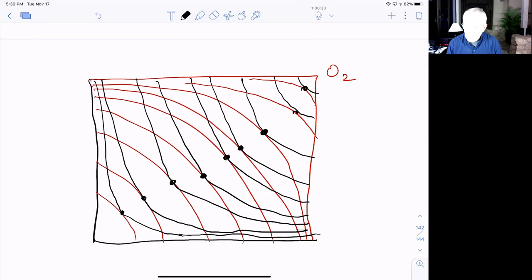So I think about these points existing everywhere because there are indifference curves everywhere. And so if I connect all the points that represent a point of tangency between these indifference curves, I get this line that goes through the box that we call a contract curve.